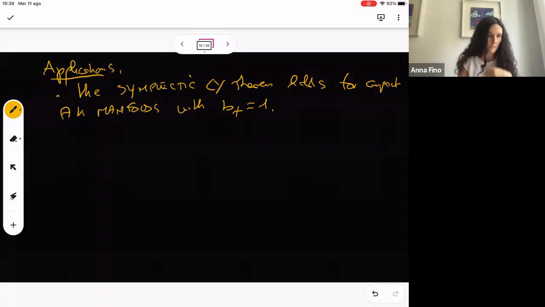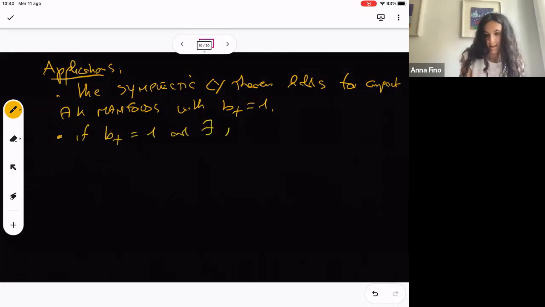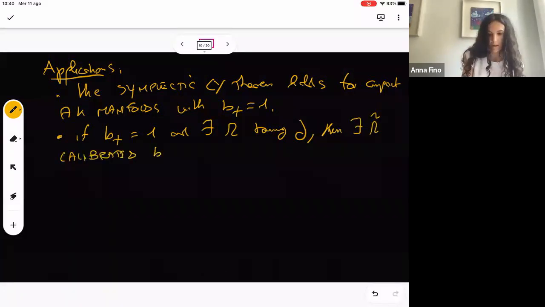You can also see it as the number of positive eigenvalues of the intersection pairing on the homology, so it is exactly equivalent. That's the first thing. And the second application: if b plus of our manifold is 1 and there is a symplectic form, then there exists a symplectic form omega tilde calibrated by J.